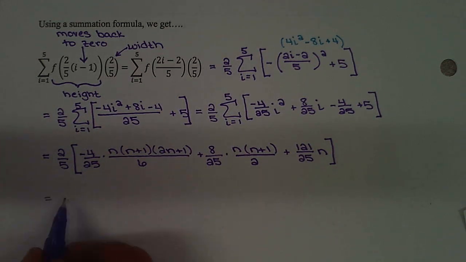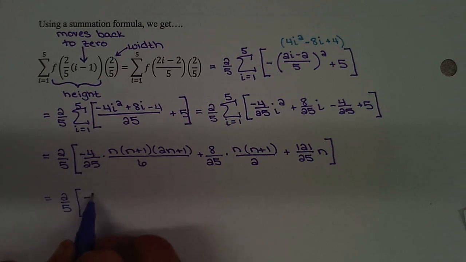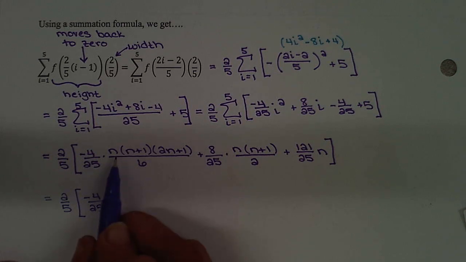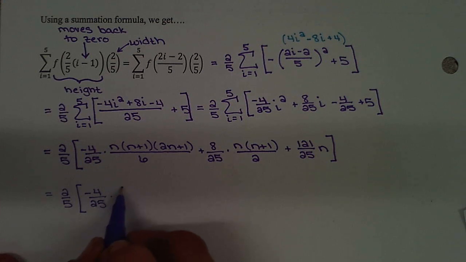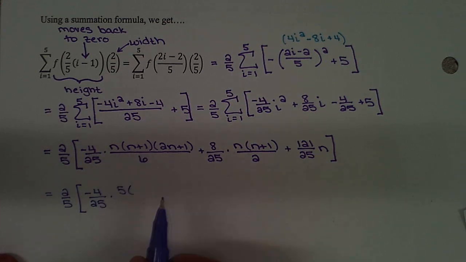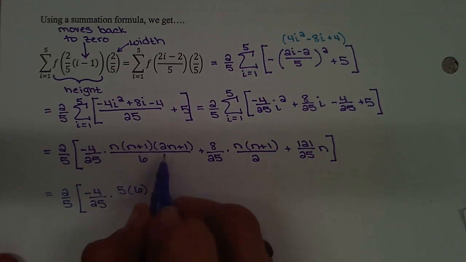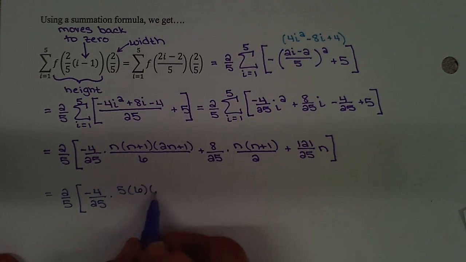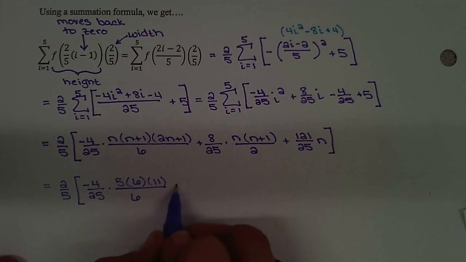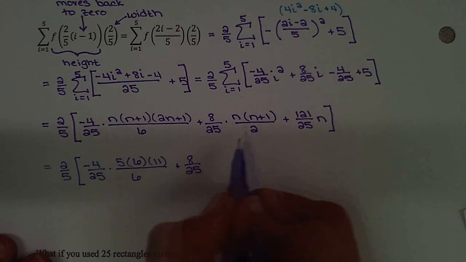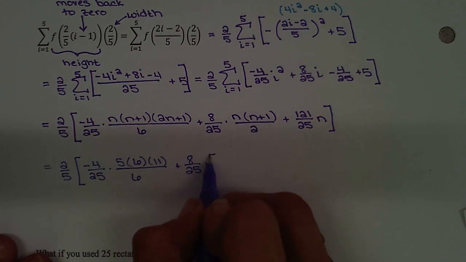So this is going to equal 2/5 times negative 4 over 25. And now my n is 5 because that was my upper limit. So if I plug in, that's a 5. One more makes a 6. Twice 5 plus 1 is 11 over 6, plus 8 over 25 times my n, which is 5.